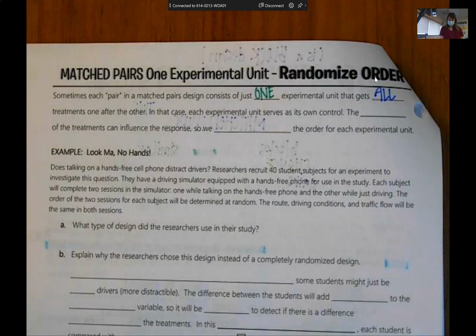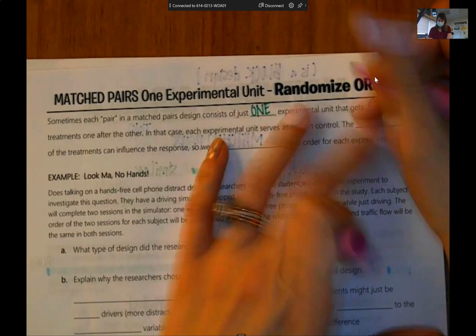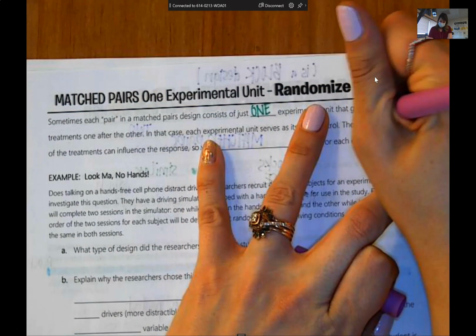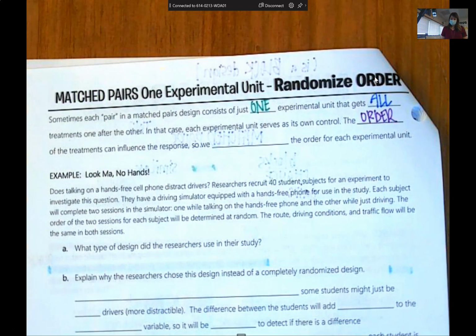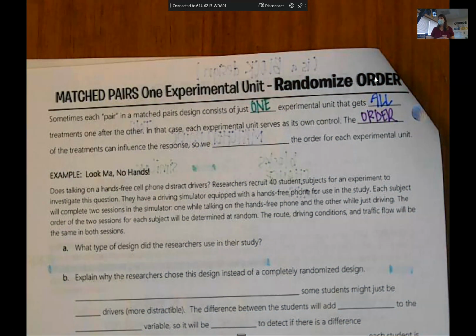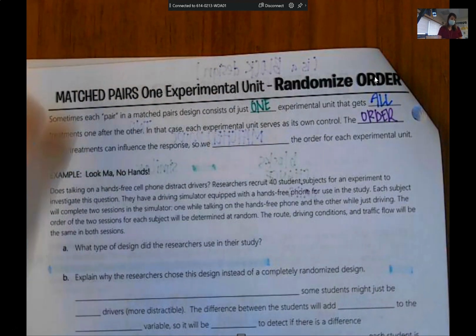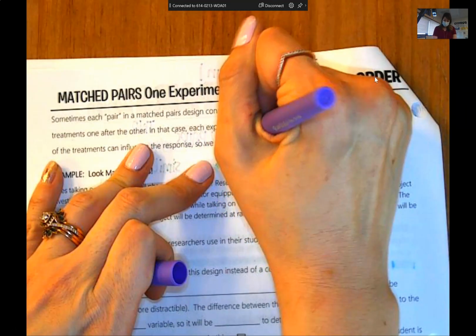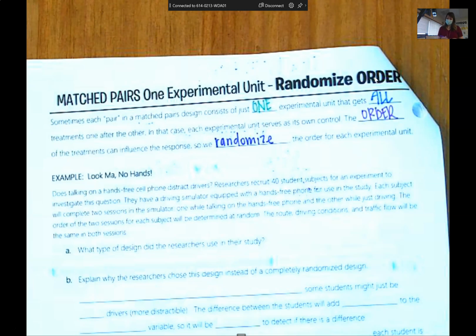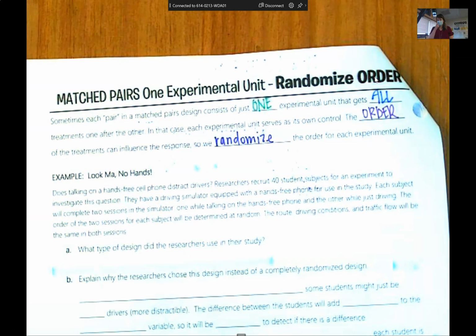The order of the treatments can influence the response. So we must randomize the order for each subject.